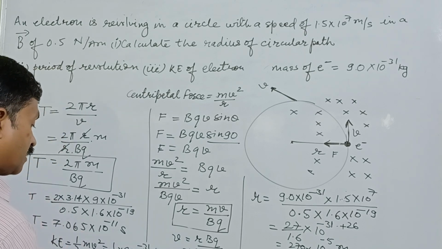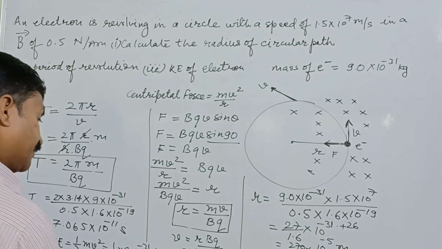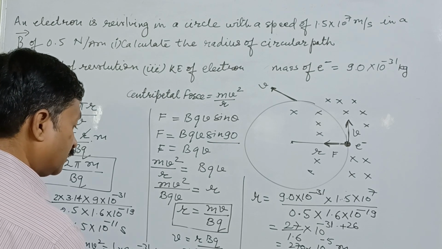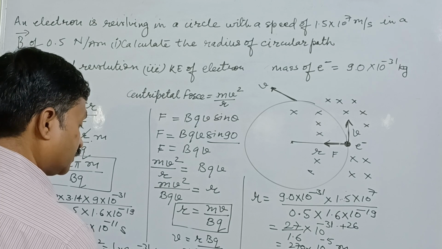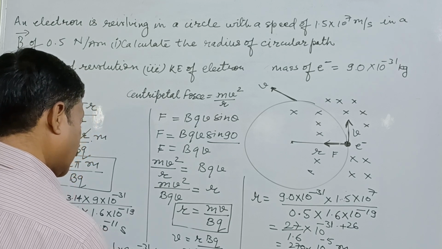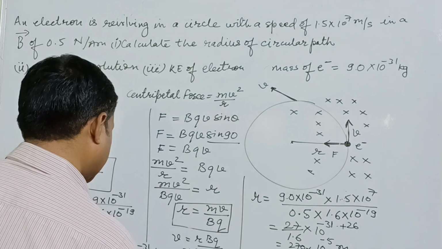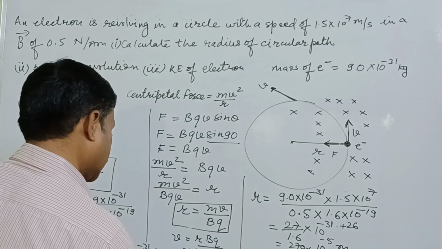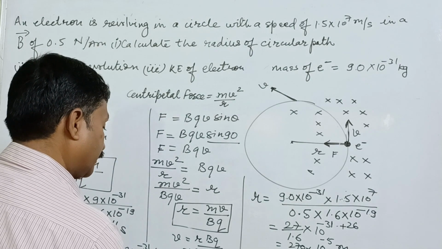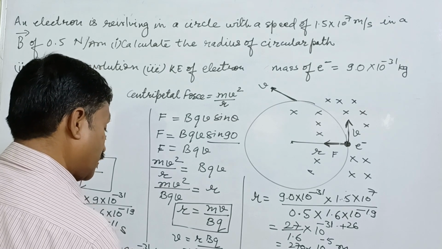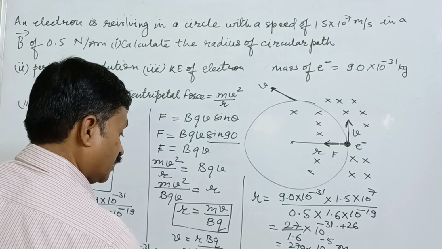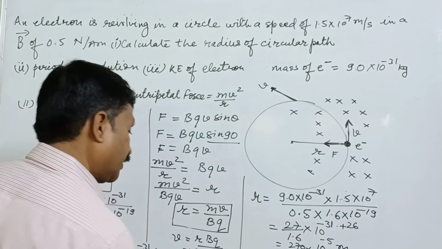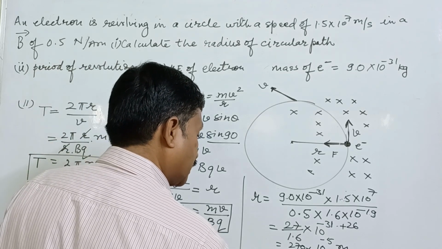So 9 by 2 into this 1.5 square means 2.25 into 10 raised to the power minus 31 and 7 into 2 that is 14. So it is upon 2, 20.25 and this power is 10 raised to the power 17. So ultimately it will go with this 10.125 into 10 raised to the power minus 17 joule.